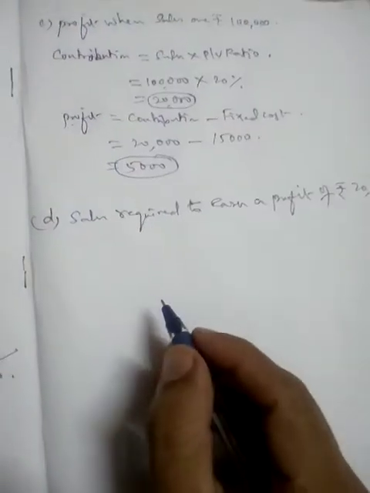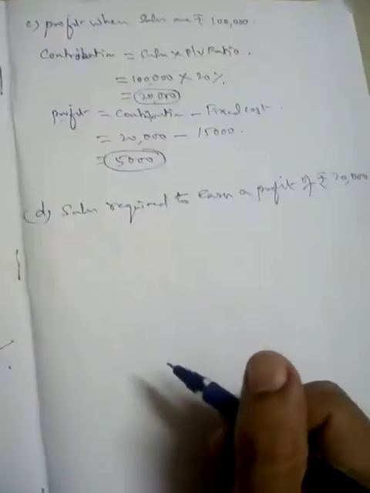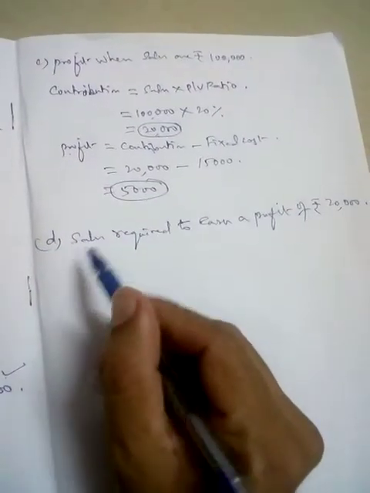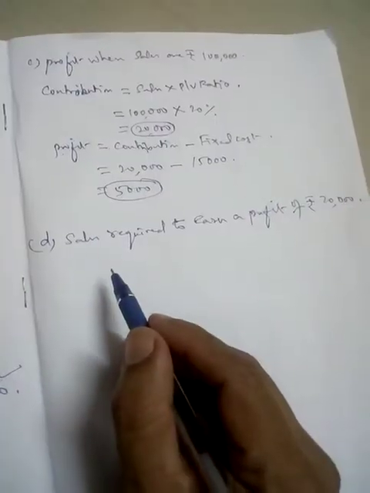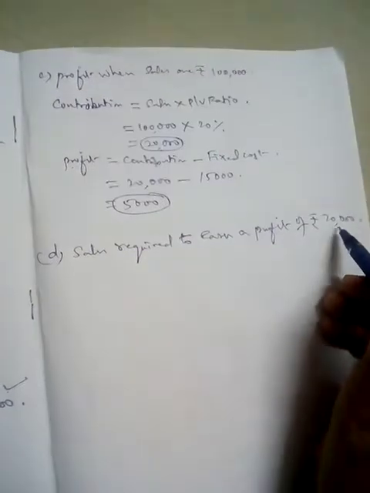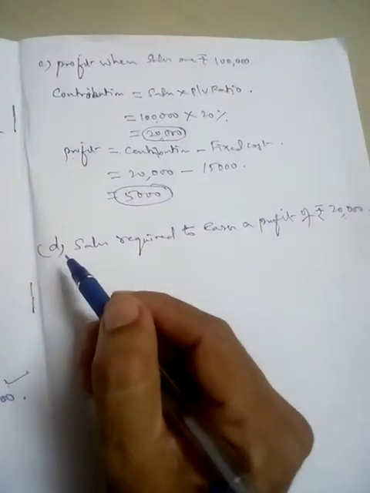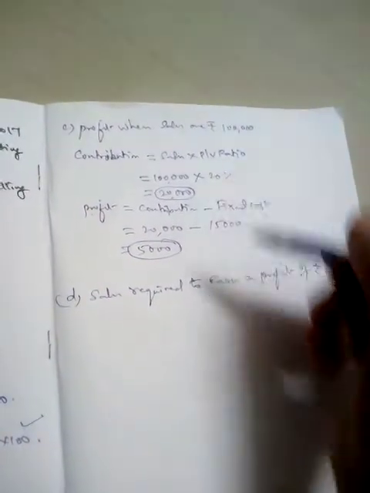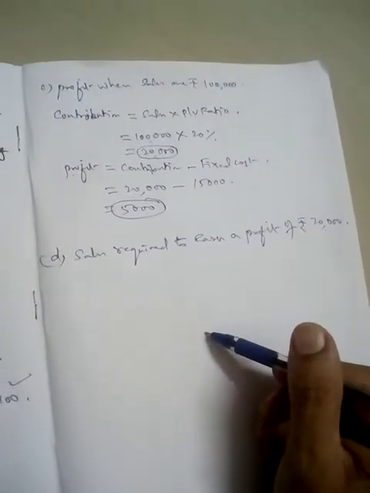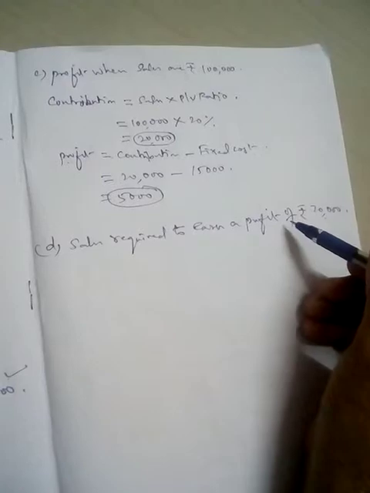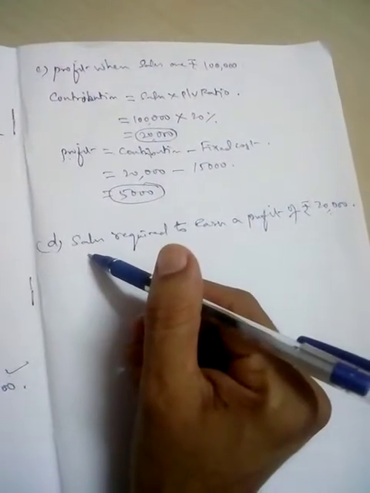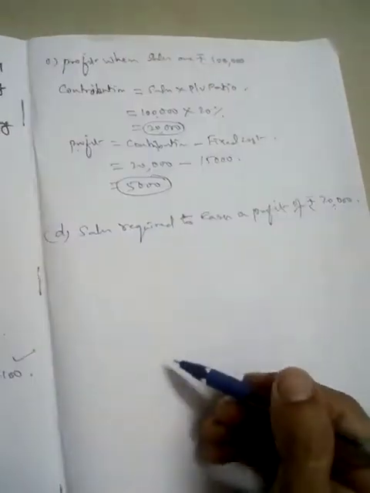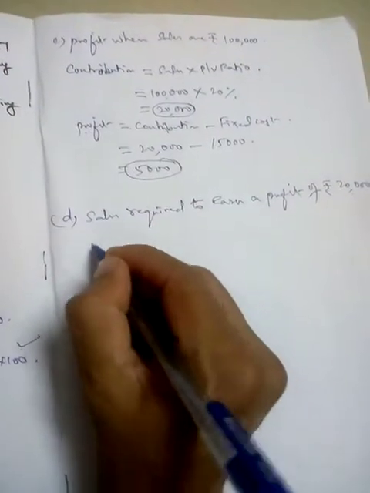So with this, what are they asking? If the profit is 20,000, what will be the sales? Here it is the opposite of this. Here profit is given, sales is asked. So here there is a different formula.